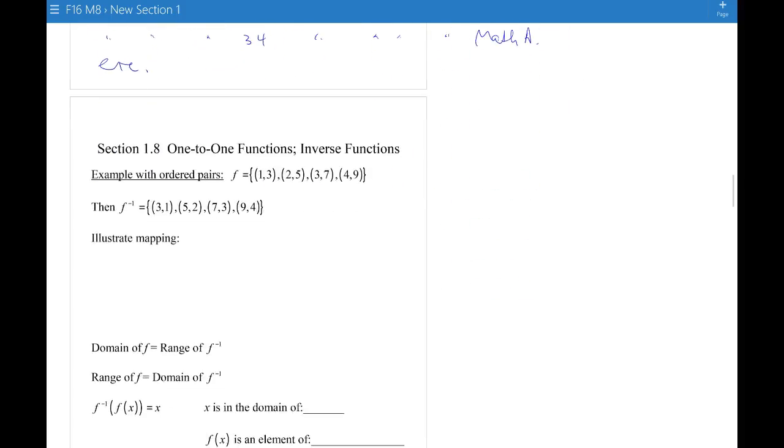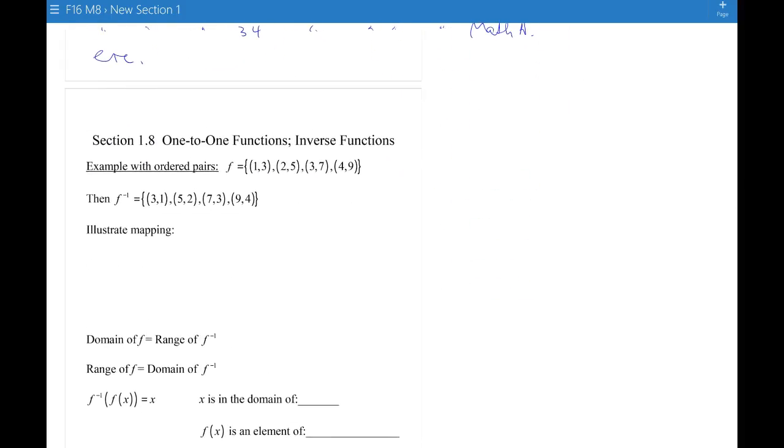Okay, so here's an example with ordered pairs. If your f looks like 1 maps to 3, so let's do a domain-range map again: 1 maps to 3, 2 maps to 5, 3 maps to 7, and 4 maps to 9.